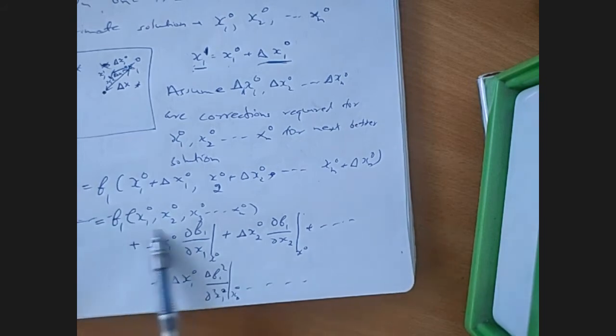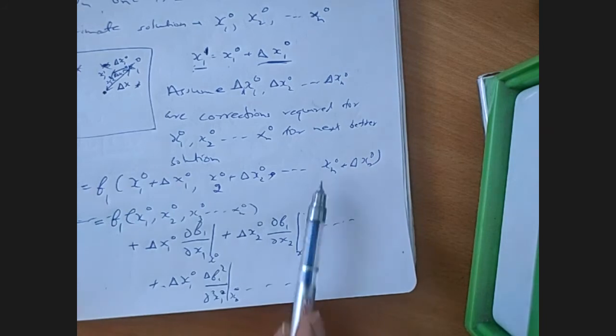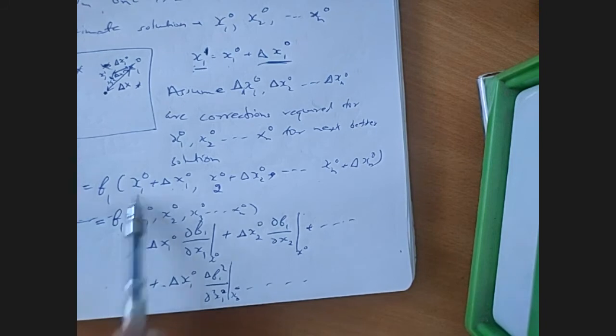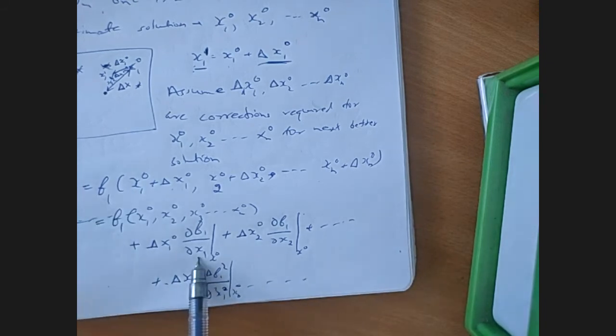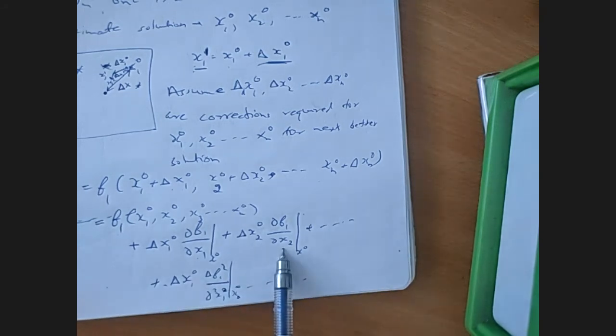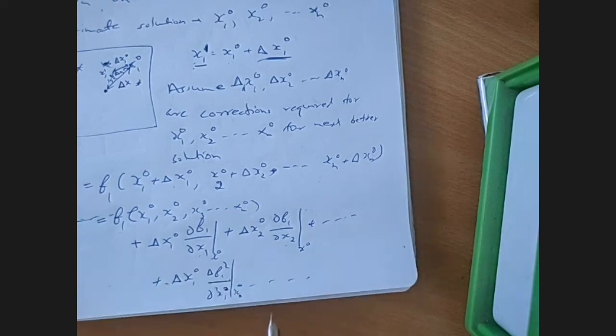The first is f1 of x1 0, x2 0 up to xn 0, then the change in x1 and the first derivative of this function with respect to x1, then the change in x2 and the first derivative with respect to x2, and so on, and then the second derivative, third derivative, fourth derivative.